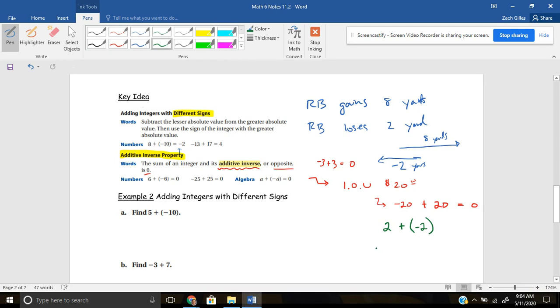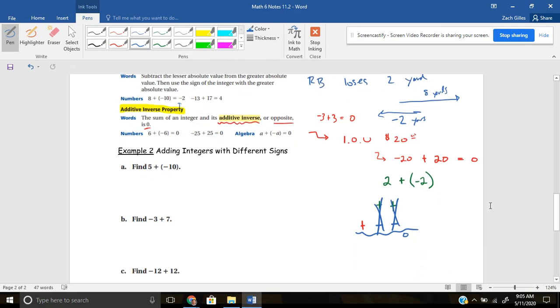Well, I can represent 2 with 2 positives, plus I'm adding to that 2 negatives. Well, +1 and -1 cancel out, right? -1 plus 1 is 0, and this positive and that negative cancel. I'm left with nothing.